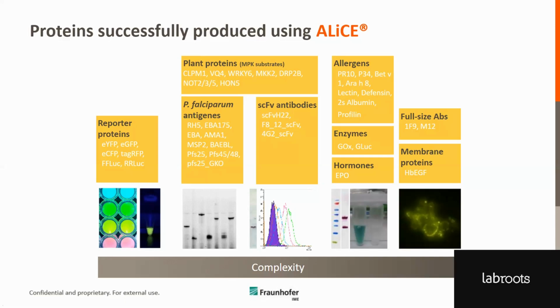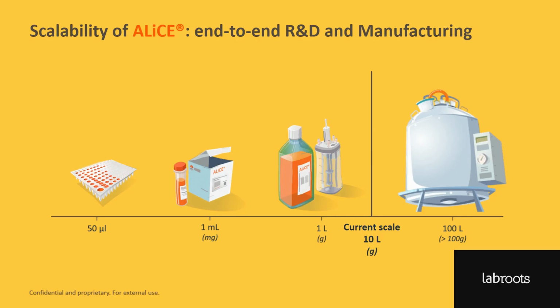I will go on to explain some of these different cases in later slides. So that's one aspect: the scale, the yields, and the versatility of the single system towards all of these different types of proteins. But the other main selling point is that ALiCE is really the only eukaryotic cell-free expression system that has also been shown to be scalable.